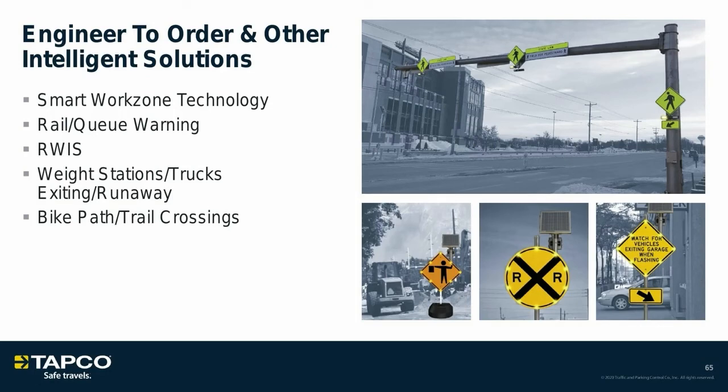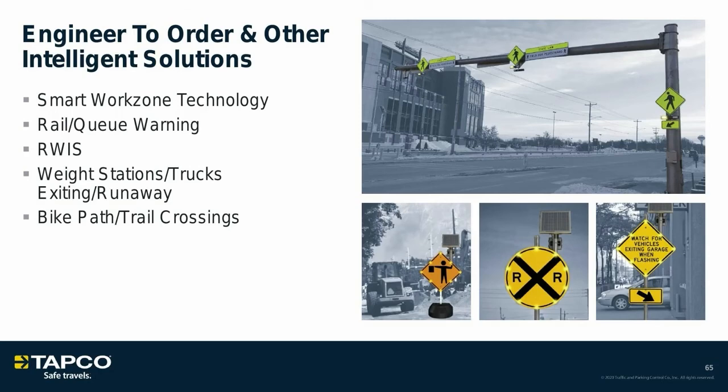If there is a scenario in your city, your county, or within the DOT where you want to utilize TAPCO's ability to customize a specific solution, come to us for it. We're more than willing to work with you on getting you what you need, and we'll do whatever we can to build a system that's going to get you what you need. So that's the engineer to order side of things.